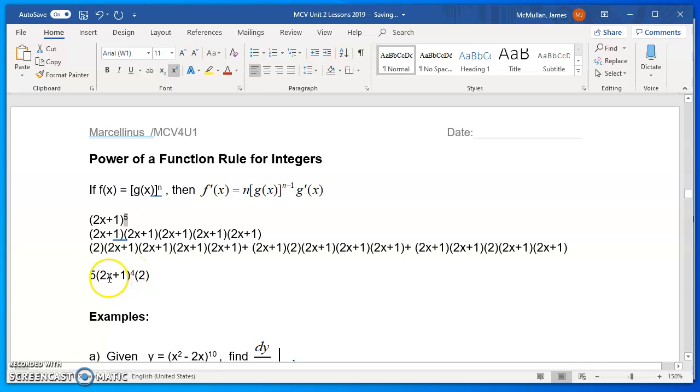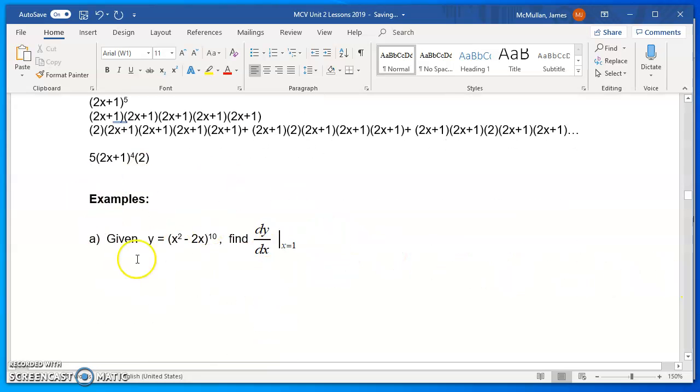Then we took the derivative of this bracket, the 2x plus 1, the derivative was 2, and that sticks on at the end. So this is what this means. The n comes to the front, then you have g of x exactly as it was with no changes to the power of n minus 1, and then you kick out the derivative g prime, which comes at the very end. And that's how you take the power of a function.